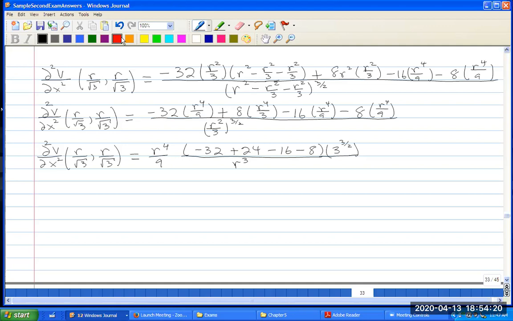And so I just get an r. And if I divide by 3, I get a 3 here and a 3 to the 1/2 here.